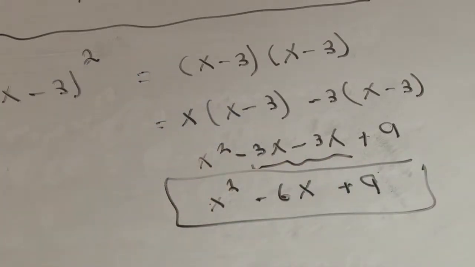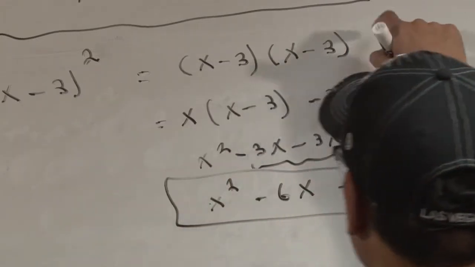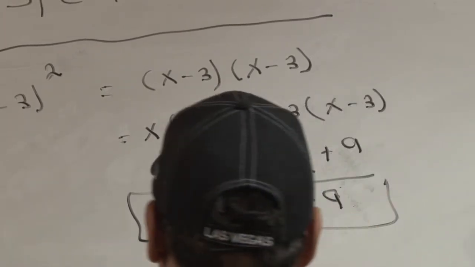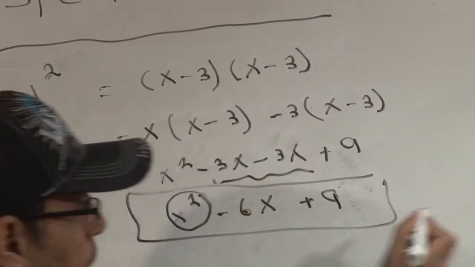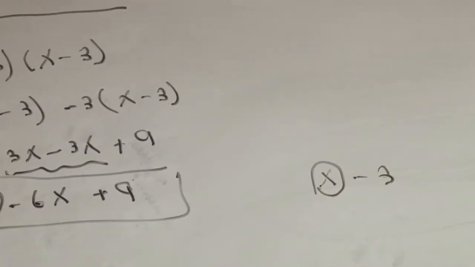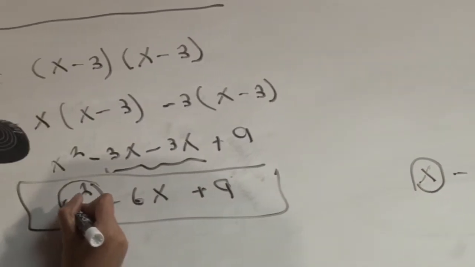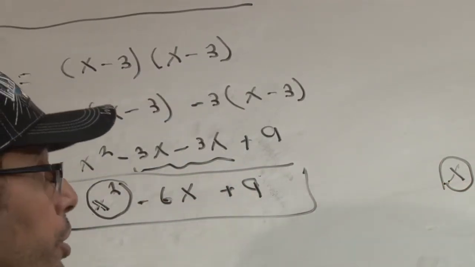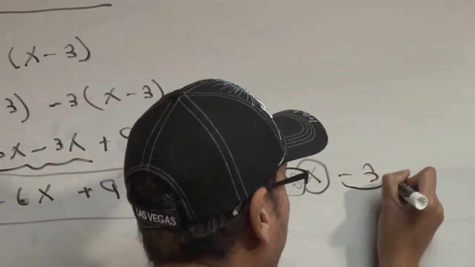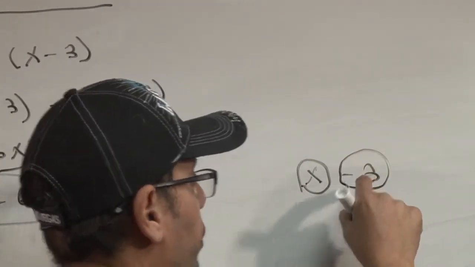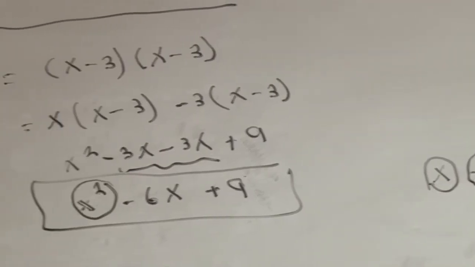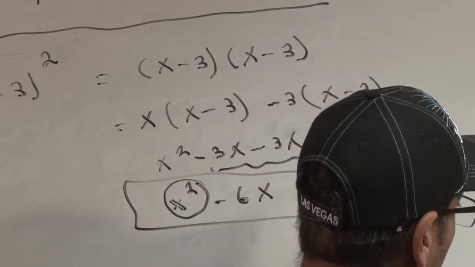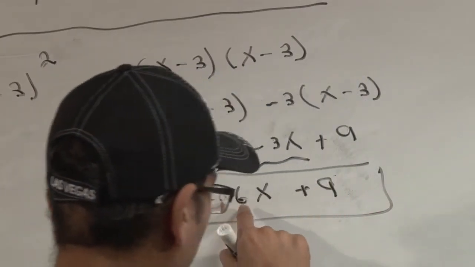All right, look here and look at x minus 3. This is x squared, and this is what? This is x, so this is the square of that. And this is 9, which is the square of negative 3. And what's that? Negative 3x, but this is negative 6x.